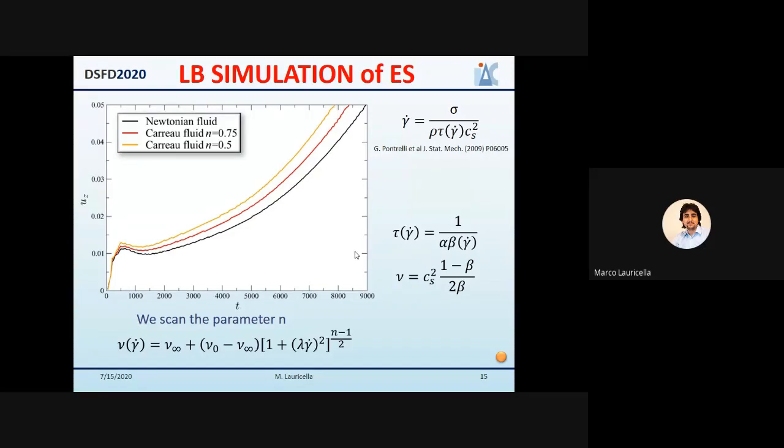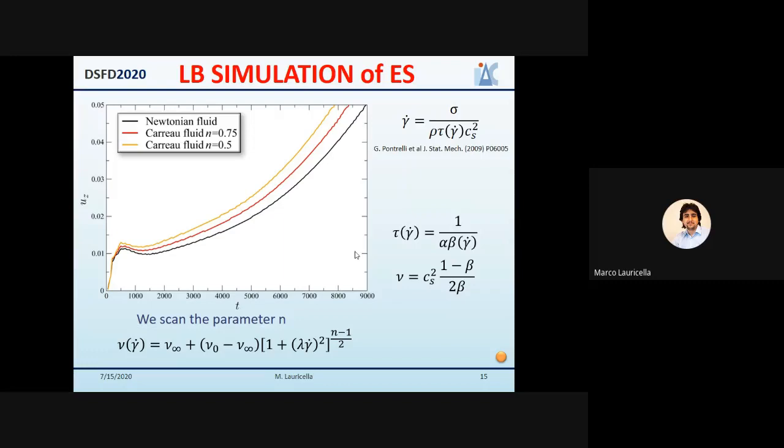In that case, it was in the context of the BGK collision. Here we have extended this strategy to the entropic model, and in few words, keeping fixed the value of the alpha parameter, we assess the beta parameter by an iterative procedure, in practice starting from an ansatz viscosity value.